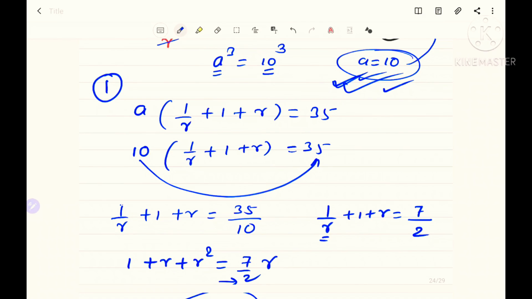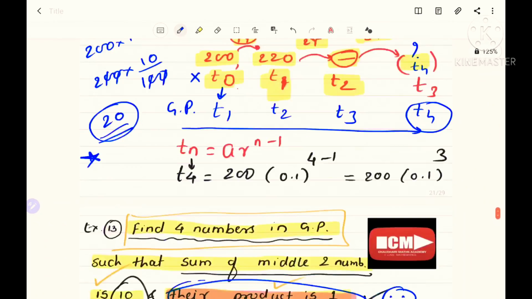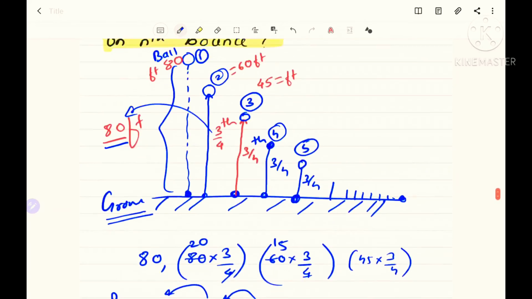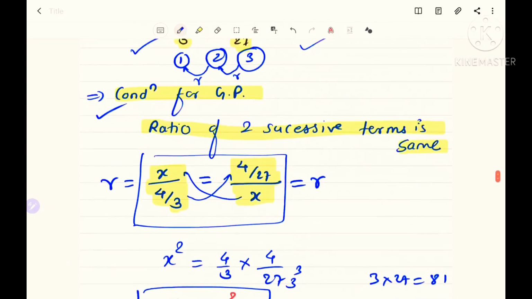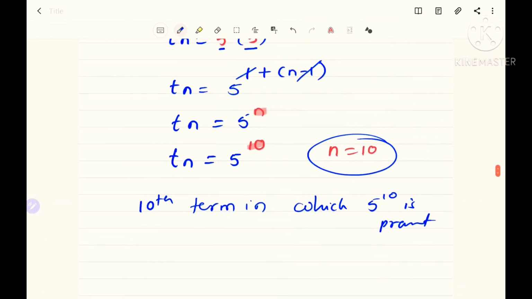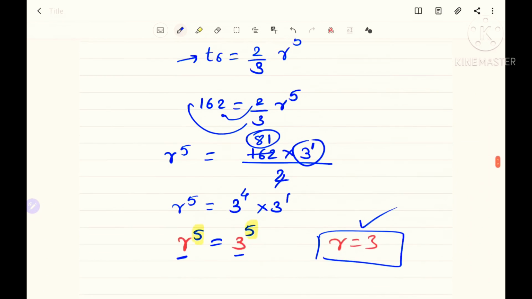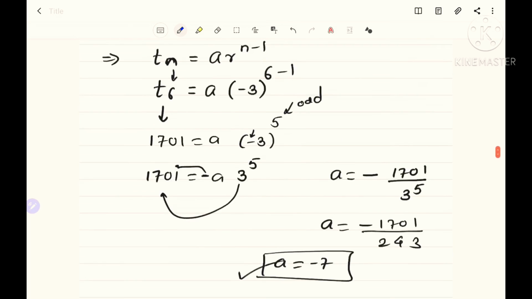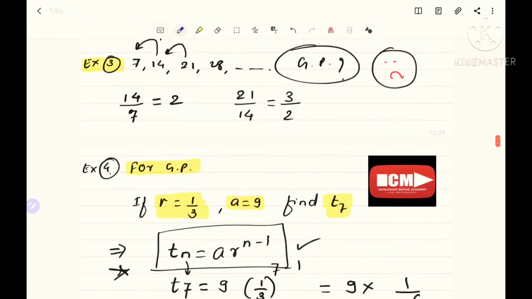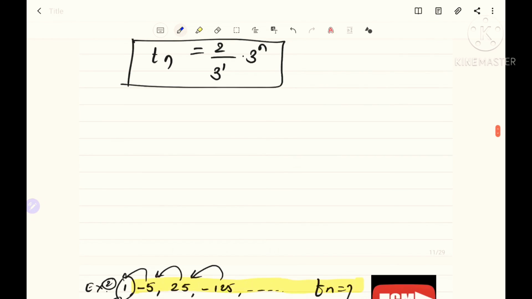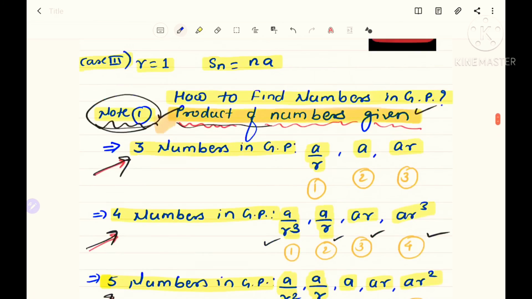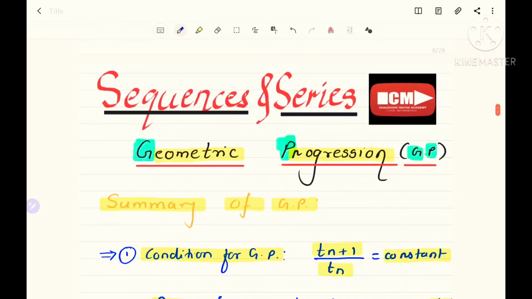We touched each and every detail of the summary of the geometric progression, and discussed these problems and very interesting ones too. I expect this problem solving session will clear your idea of geometric progression and help you in solving a few more questions.